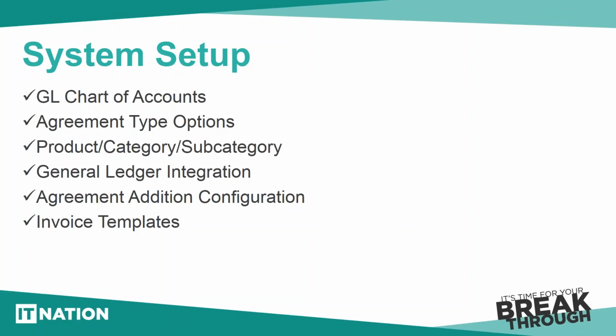Our GL chart of accounts, agreement type options, product category and subcategory, and then the general ledger integration are all going to be playing a role in how your P&L will look at the end of the day. And then your agreement addition configuration and invoice templates will impact how ConnectWise is presenting information both internally and to the clients.